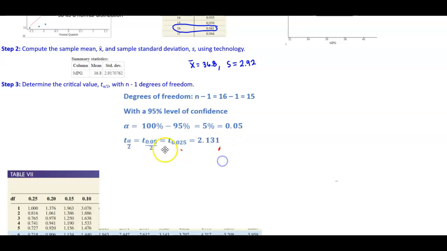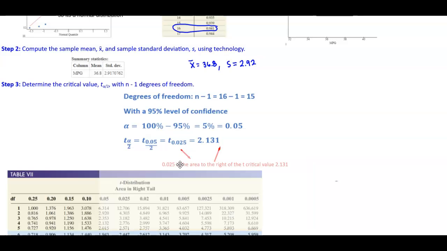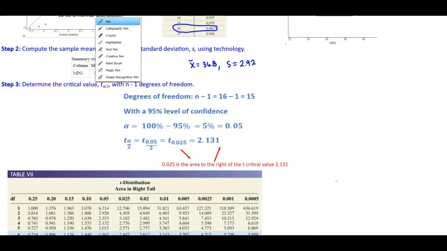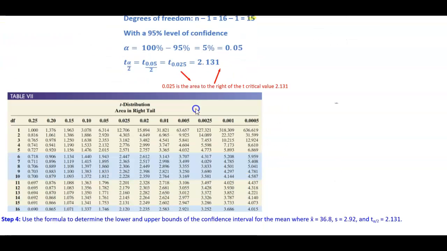So to find the t-value, we're taking alpha and dividing it by 2. That's 0.05 divided by 2. So that means the area to the right is 0.025. So we're going to use the degrees of freedom, which is 15. So coming down here, we have the degrees of freedom, rho.